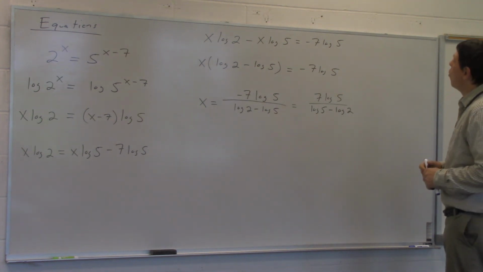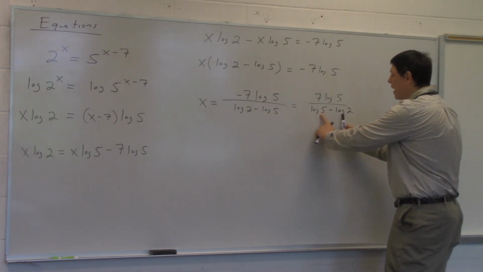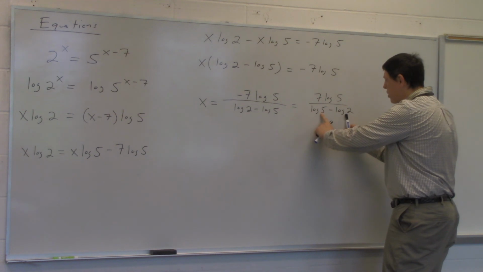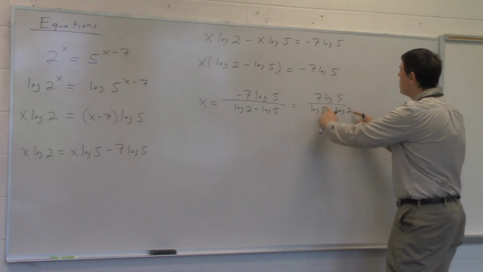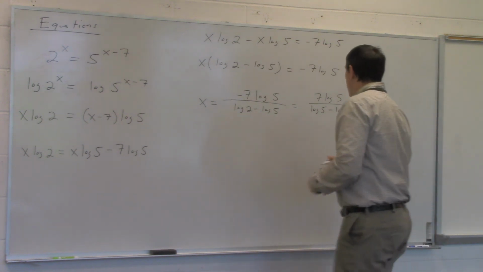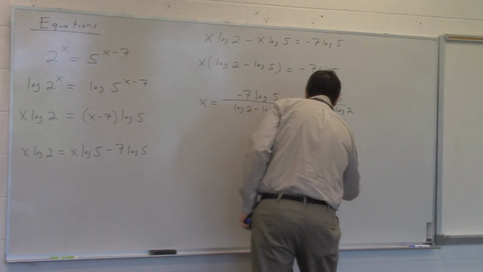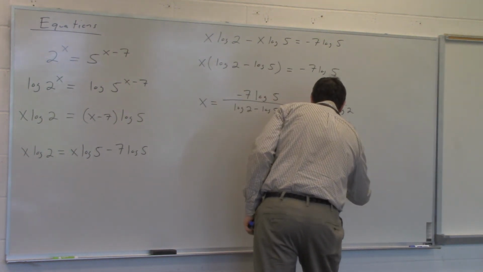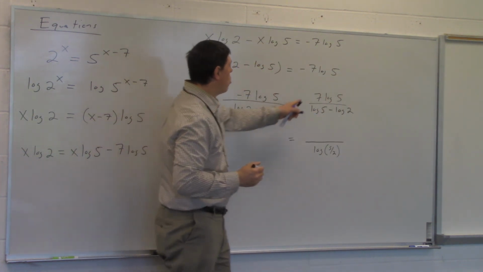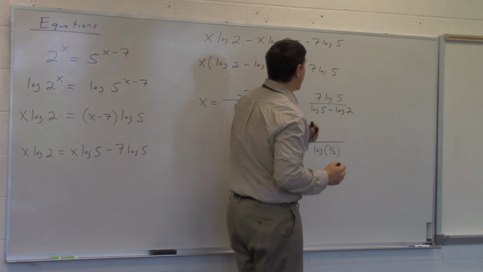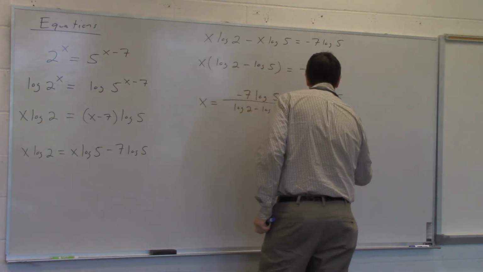Even cooler, what I could do is use that second rule of logarithms, where if I have the same base, and since this is the common logarithm, they both have base 10, I can divide. So I end up with log of 5 halves in the denominator. I can also take the 5 and raise it to the 7th power.